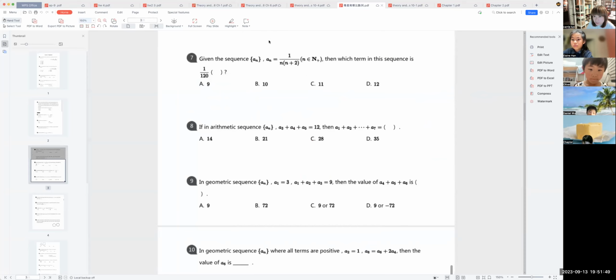OK，try 一下。我再给你们提示一下，geometric sequence A1 is A1, and A2 equals A1 times a ratio, and A3 equals A1 times ratio squared, and A4 equals A1 times ratio cubed, and A5 equals A1 times ratio to the fourth.